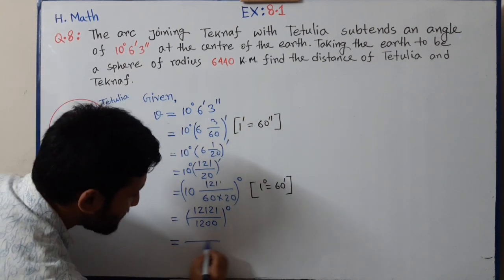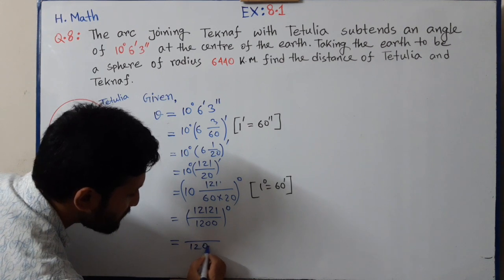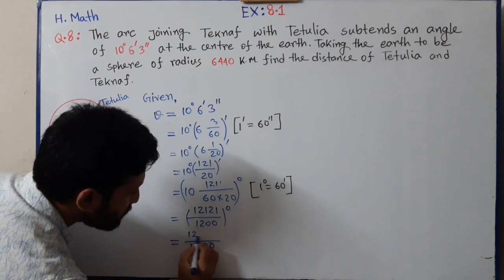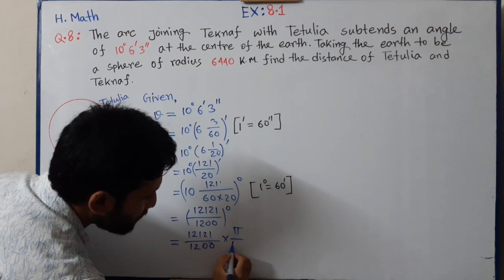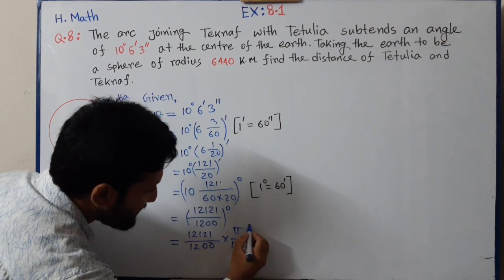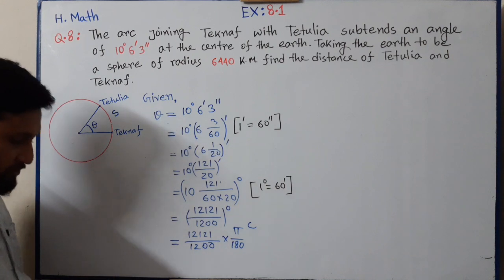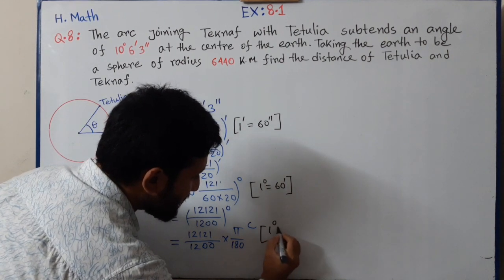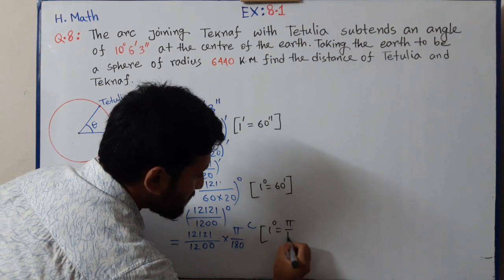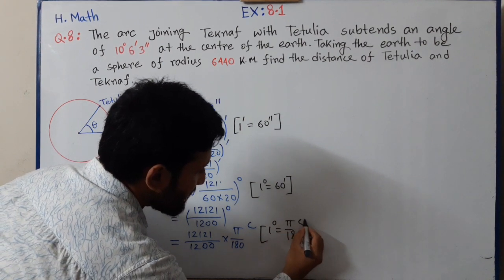So we can write 12121 over 1200 into pi by 180 radian, because we know 1 degree equals pi by 180 radian.